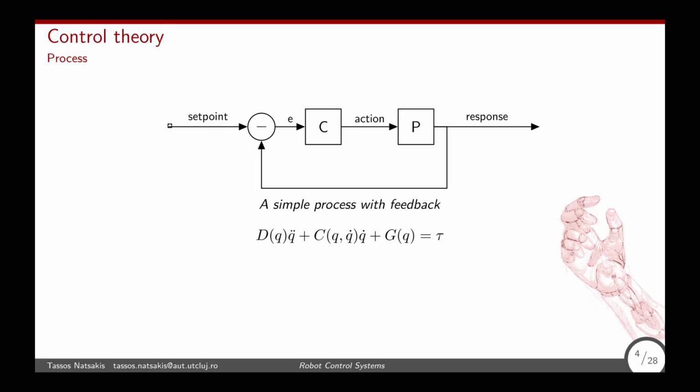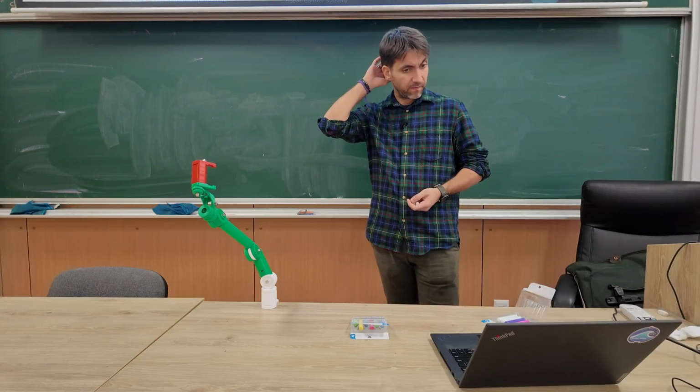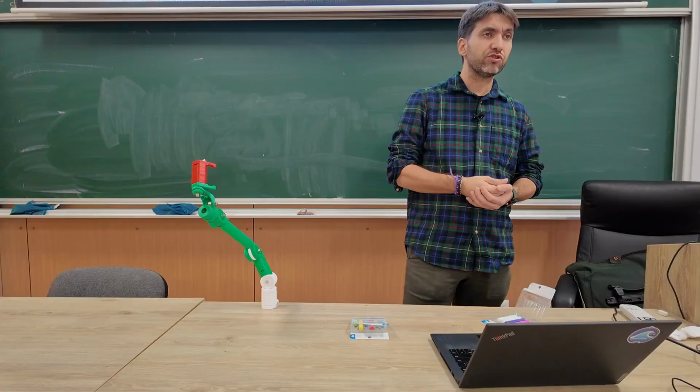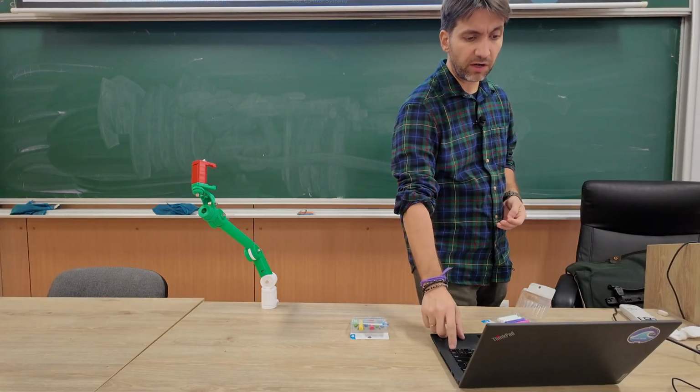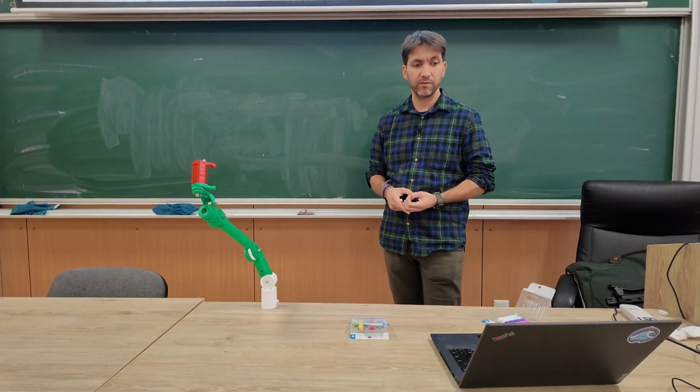So this is a system of differential equations. That's why we have the dots here: these are derivatives with respect to time, of position, the first derivative of position and the second derivative of position. And this is basically my process, what I'm trying to control. Is this the real process?